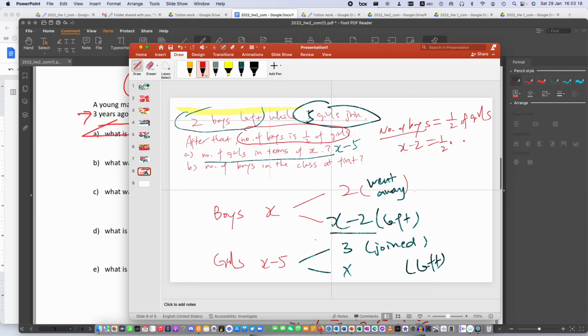x. Do you need to put a bracket? No. Why not? When do you need to put a bracket then? If it's just one term, no need.